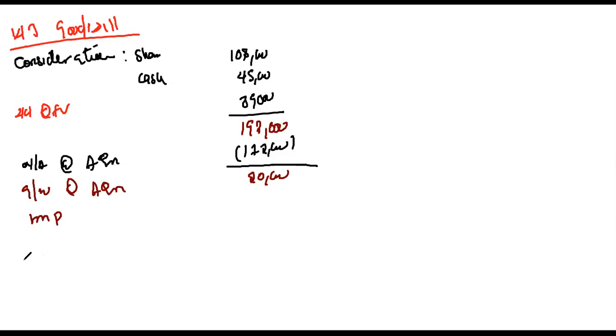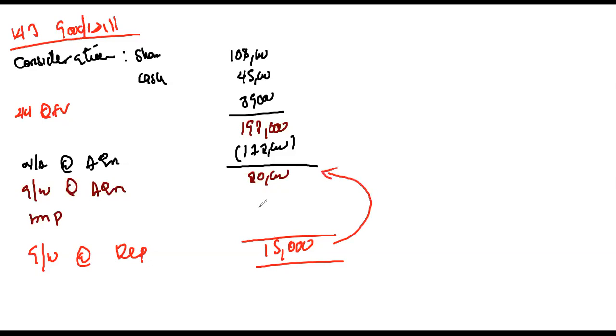We've been told that the goodwill at report, what we're able to recover, is 15,000. That's our recoverable. So the difference between our recoverable and what we had at acquisition is 5,000. So 5,000 was the impairment loss on goodwill.